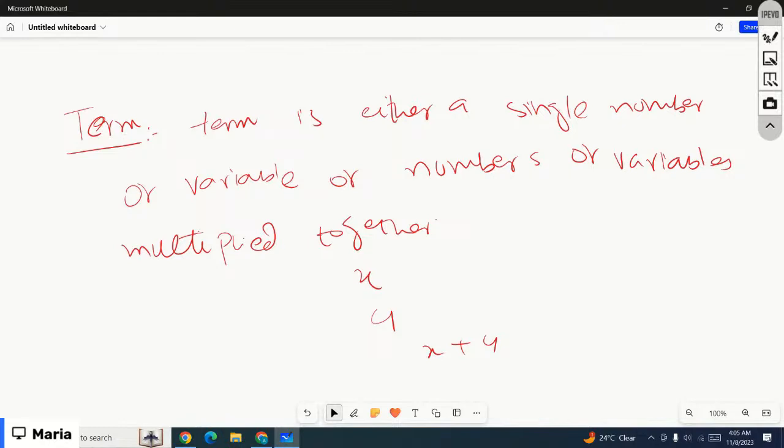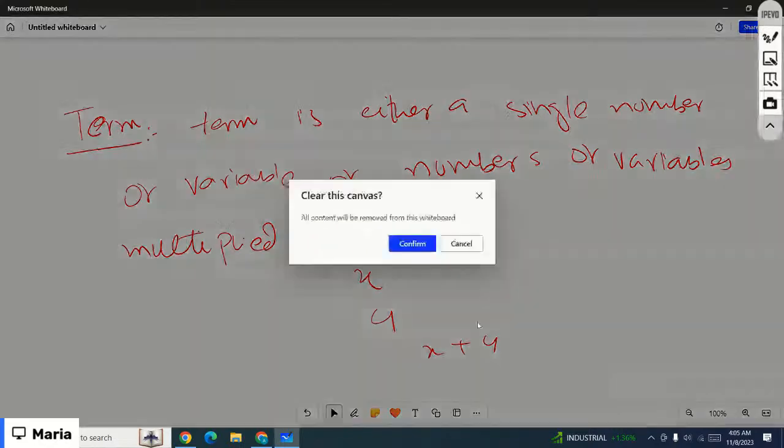Now we're going to see what are the coefficients. So what are the coefficients? Okay, you can note down the definition of the coefficients. A coefficient is an integer that is written along with a variable or it is multiplied by the variable.